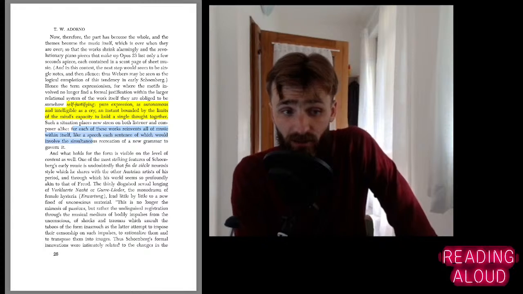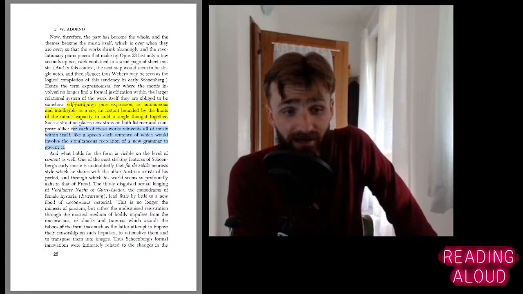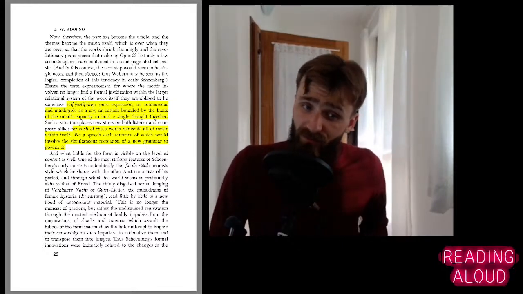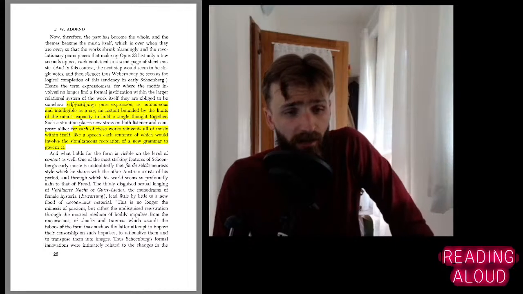Such a situation places new stress on both listener and composer alike, for each of these works reinvents all of music within itself, like a speech each sentence of which would involve the simultaneous recreation of a new grammar to govern it. And what holds for the form is visible on the level of content as well.